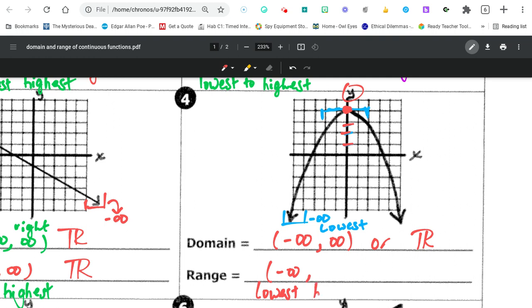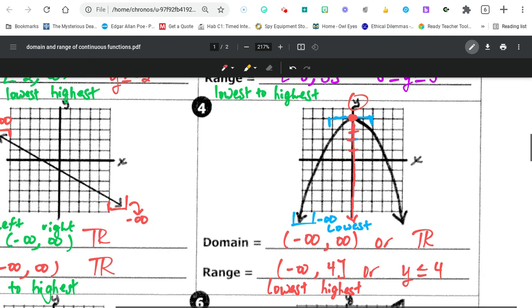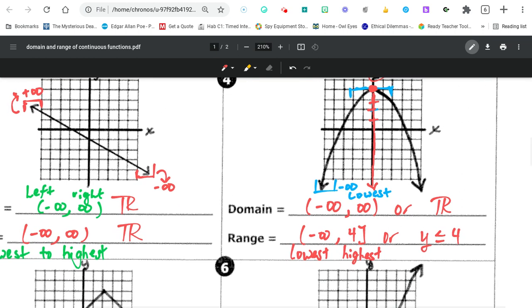And the highest point is +4. And it's actually at +4, so put a bracket. Or I can write this such that y is less than or equal to 4. And your y values are less than or equal to 4. They're all these values from 4 on down. I hope this is making sense. If not, pause the video and let me know.